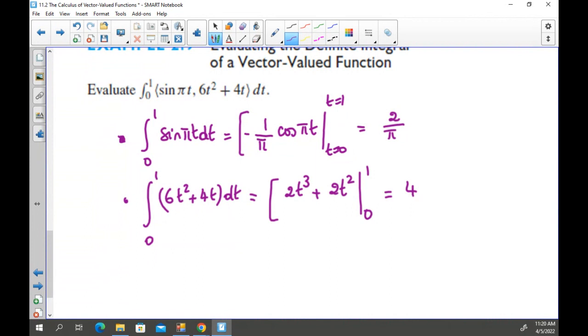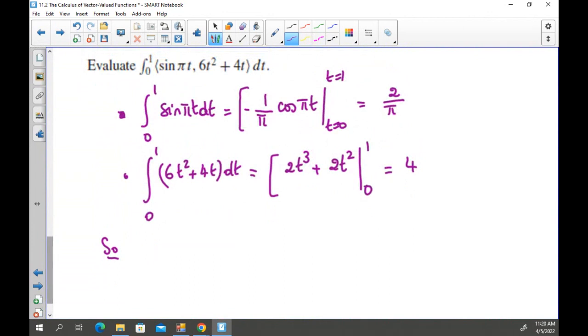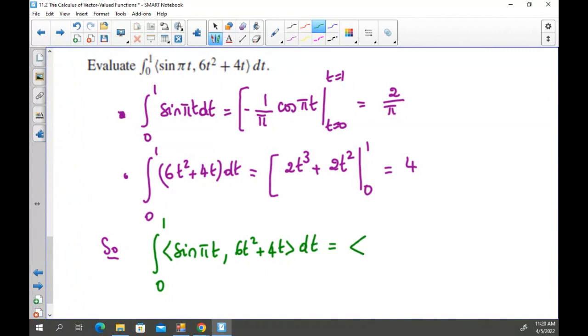So that means I can then say that the integral from 0 to 1 of the vector valued function is equal to the vector (2 over pi, 4). That's it. Like this.